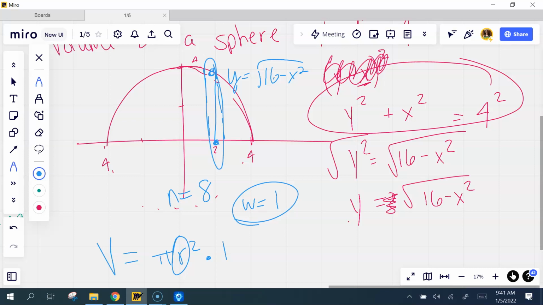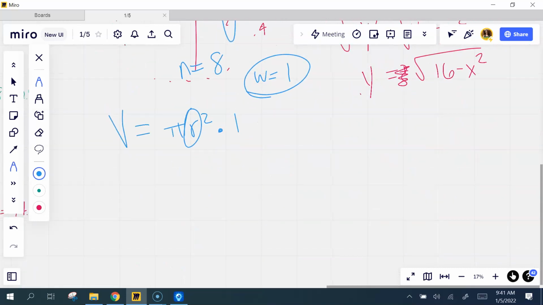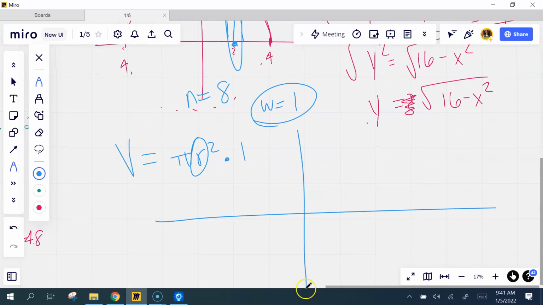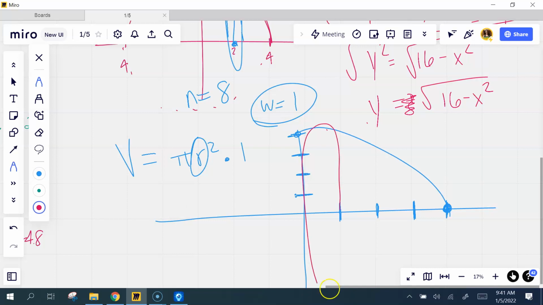Because I could do it from the left side or I could do it from the right side. So, remember, here's 1, 2, 3, 4. All right, so my little pieces, right, and I went way above, I shouldn't have.